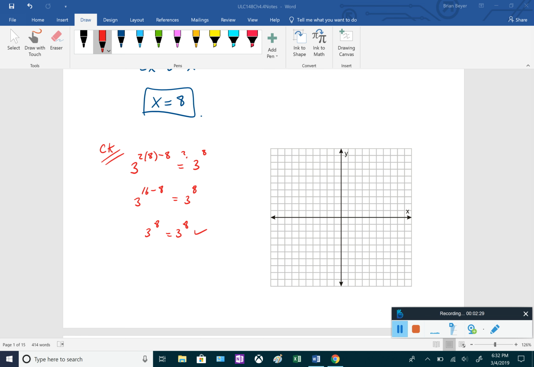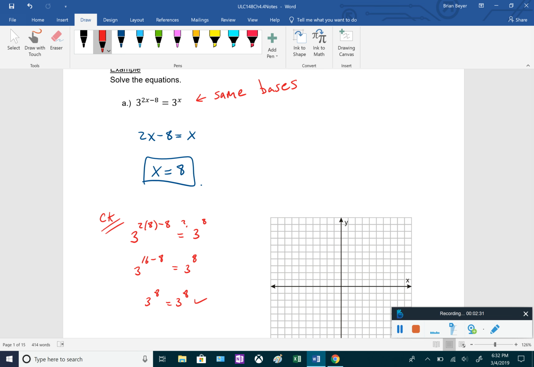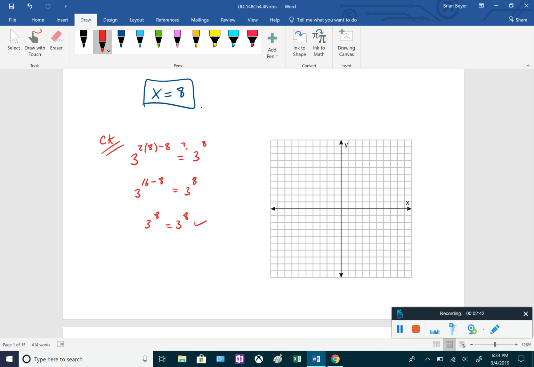Graphically speaking, we can think of that equation's both sides as functions. We can think of the left-hand side as y equals 3 to the 2x minus 8, and the right-hand side as y equals 3 to the x. Then we can graph them. I'm going to go by intervals of 2 here: 2, 4, 6, 8. That's 8 right there. Let's say that's the function y equals 3 to the x. This graph is not to scale.